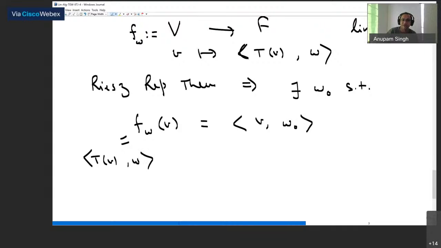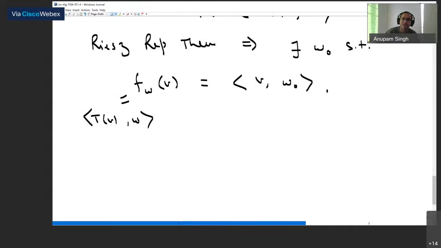All right. So you see from the Riesz representation theorem, I can get w naught for any w. So if I fix one w, I get w naught. If I take another w, I get another w naught, right? So it's varying with w. So since this w naught is varying with w, instead of calling it w naught, I can call it S of w.